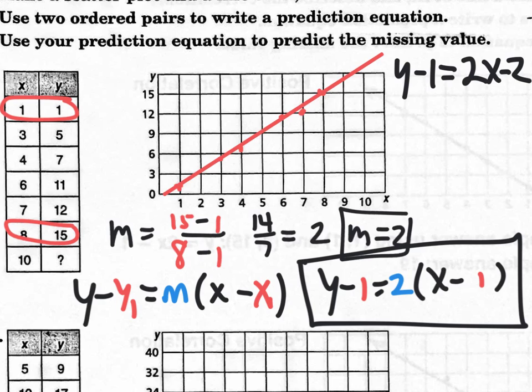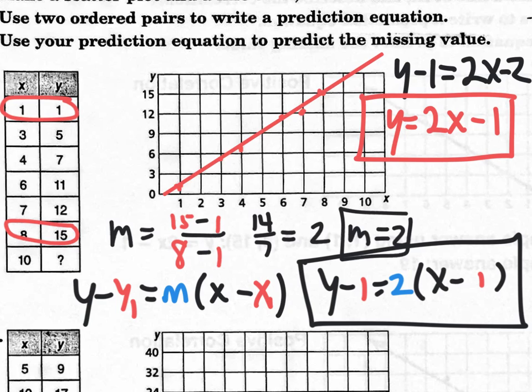Okay, and what would be my final step? Add 1 to both sides. You get y equals 2x minus 1. Because if you add 1 to both sides, you end up with a minus 1. And ladies and gentlemen, this is your predictor line, your line that best fits. That represents this one that we just drew right here, that goes through all the dots.